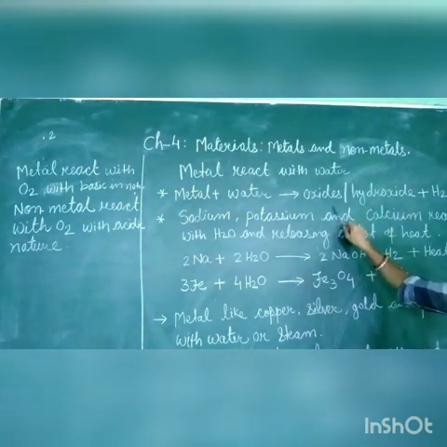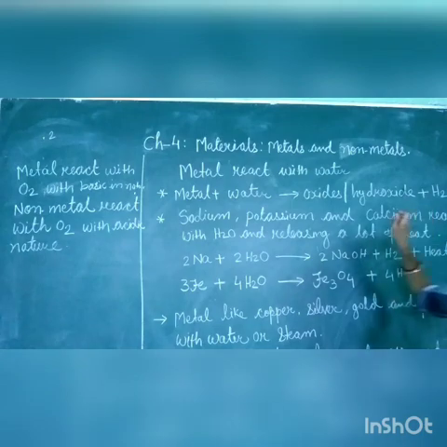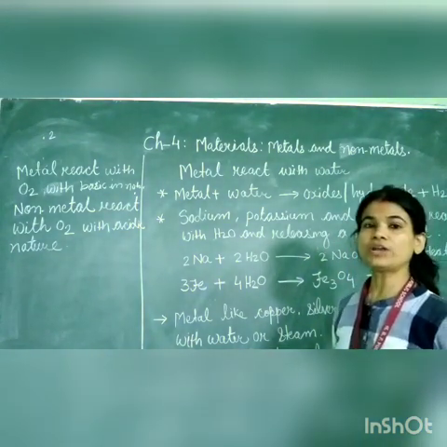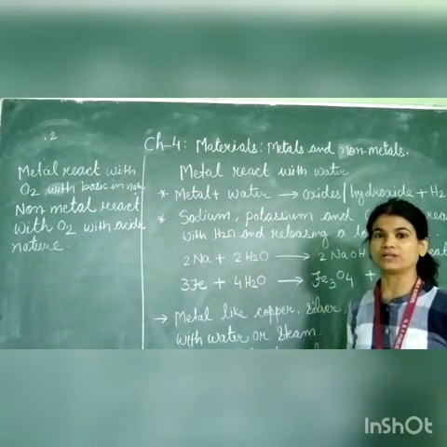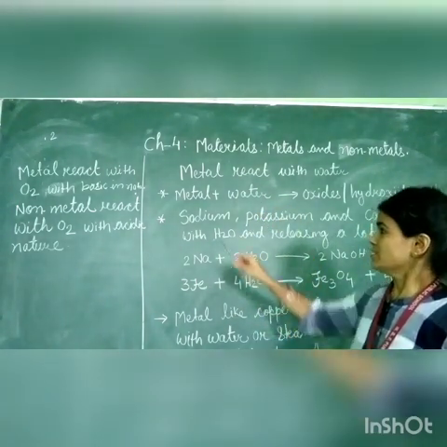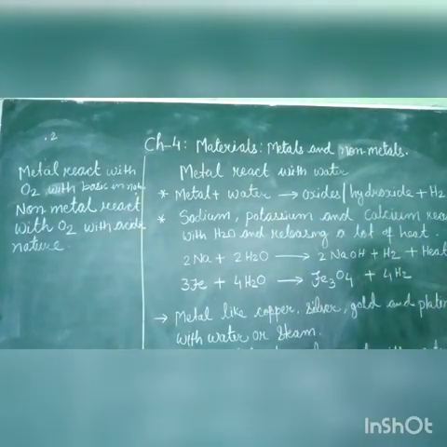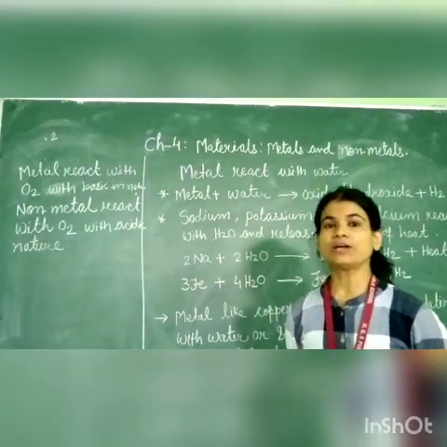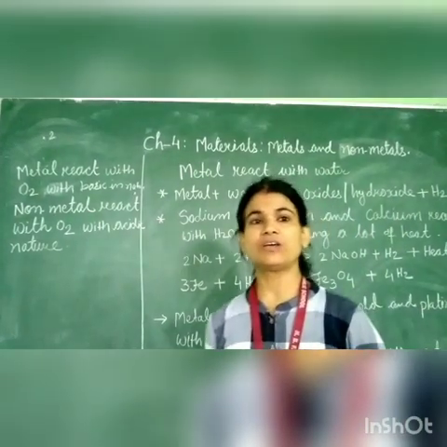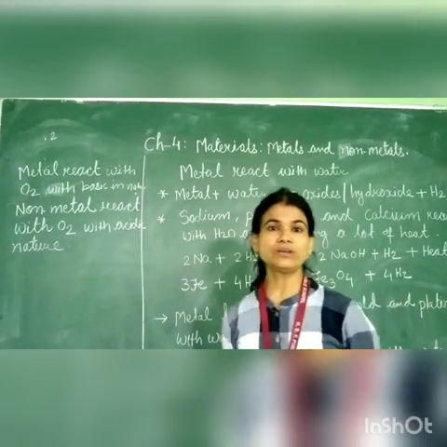If it makes oxides, then it does not make hydroxides. After that, it releases hydrogen gas and also a lot of heat. This is not true of all metals, but the metals which react with water at room temperature release strong heat.